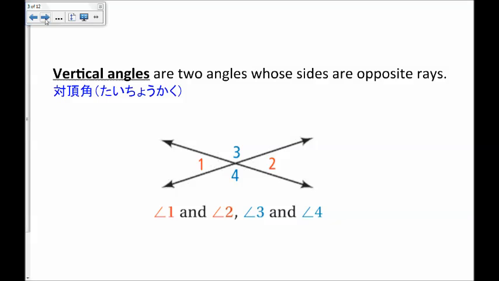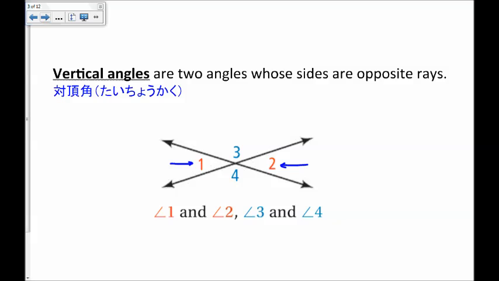Next, vertical angles. Vertical angles are 2 angles whose sides are opposite rays. Angles 1 and 2 are vertical angles because their sides are opposite rays.